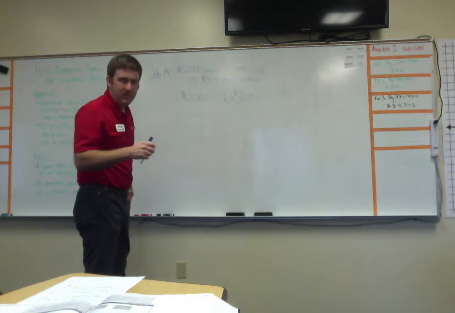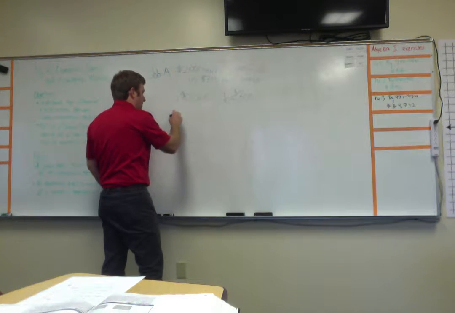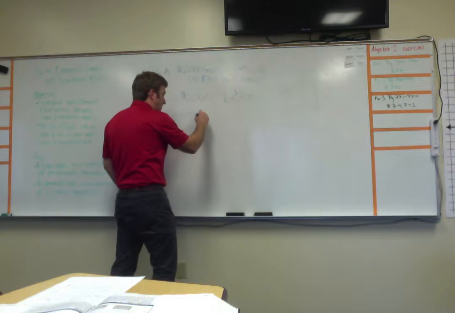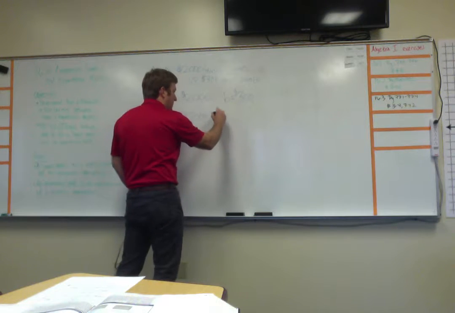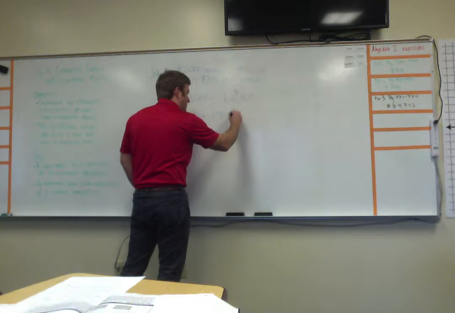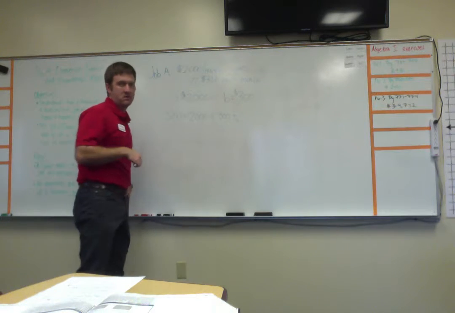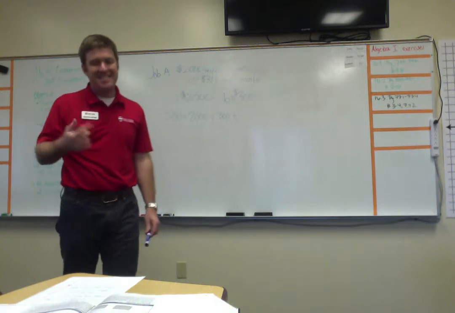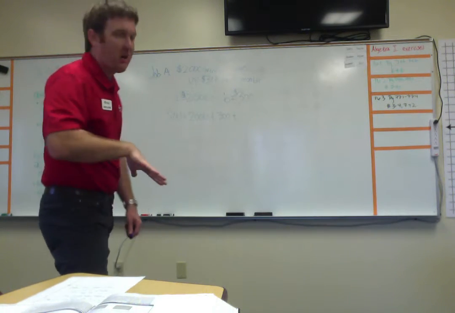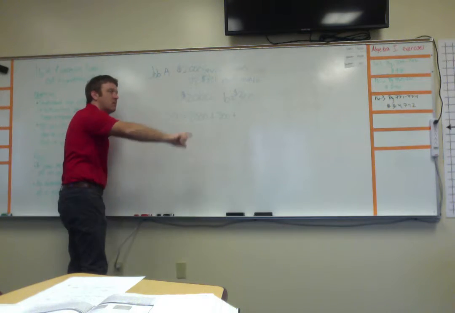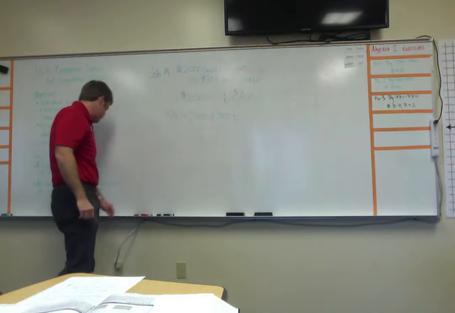So we would say that the salary as a function of time is $2,000 plus $300 times T in months. Okay? $2,000 plus 300T. That's our function for the salary for job A. It's a linear equation. All right?